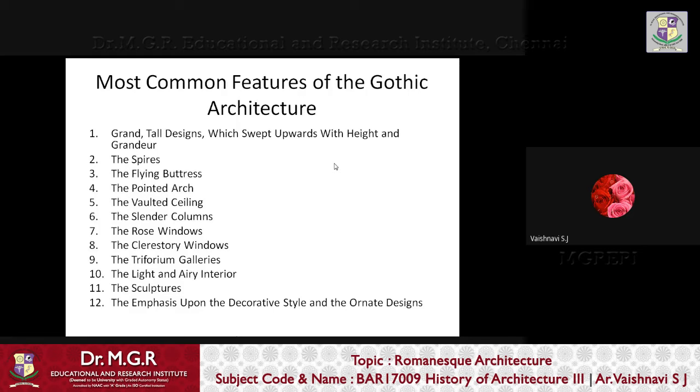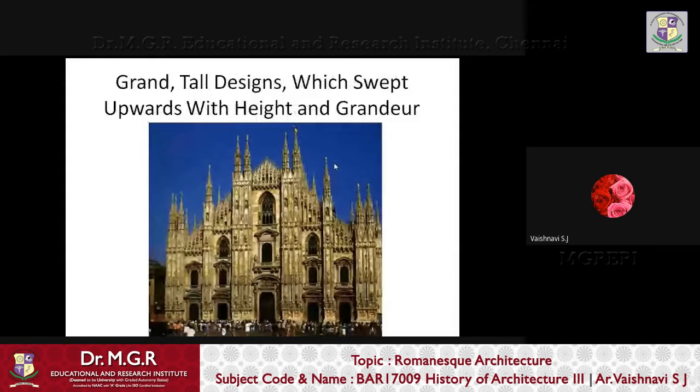This decoration or ornate design, according to Gothic style, was given as sculpture. They gave all kinds of different sculpture in that. So here we will see a few examples of Gothic style. See, this is a grand tall design of Gothic style, which was huge and grand.